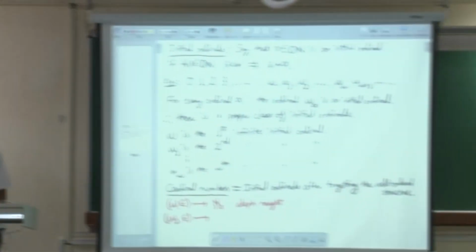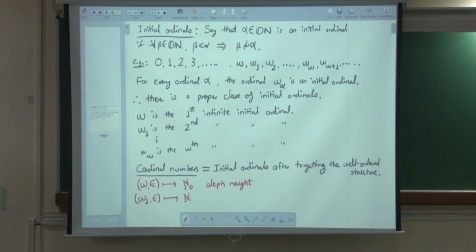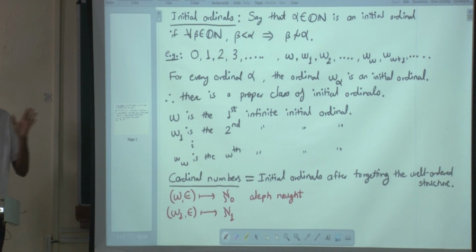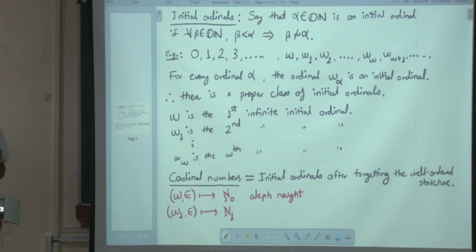So I will forget, from omega 1, that it had this belonging relationship which made it a well ordered structure. I will only remember omega 1 as a set, and that one is aleph 1.